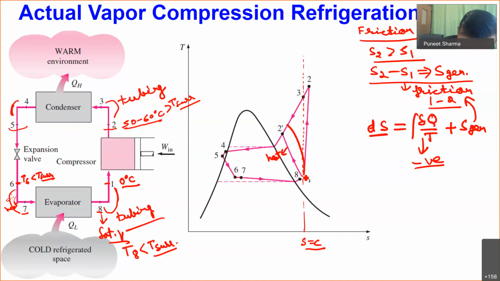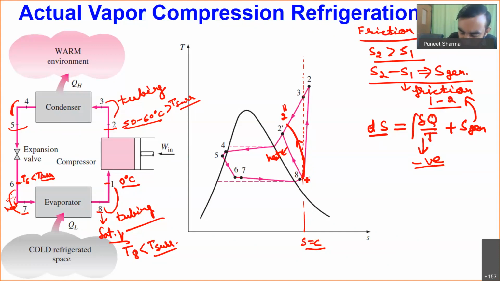Okay, so this is my actual compression line. I will have some point 2 double dash over here at the exit of the compressor. Near the inlet of the compressor, our heat transfer effect will not be that dominant.